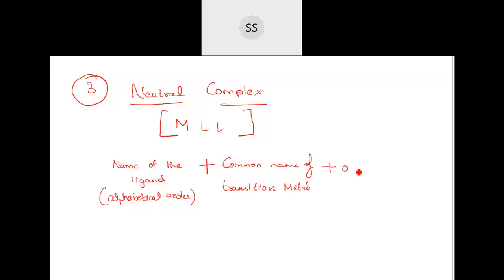Common name of the transition metal, and then followed by the oxidation state. Immediately after this, you will be writing the oxidation state of that metal, and that oxidation state has to be written in Roman numerals, within the bracket.